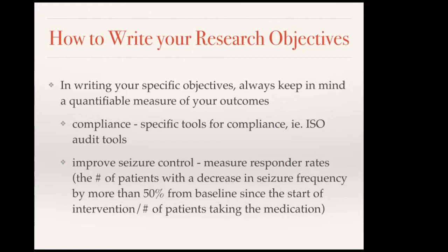So how do you operationalize these? You operationalize this by writing down in your definition of terms in your study. But when you write it down in your objectives, you already say to determine responder rates in the perampanel group as compared to the non-perampanel group.